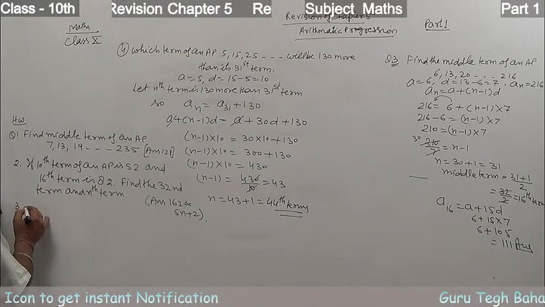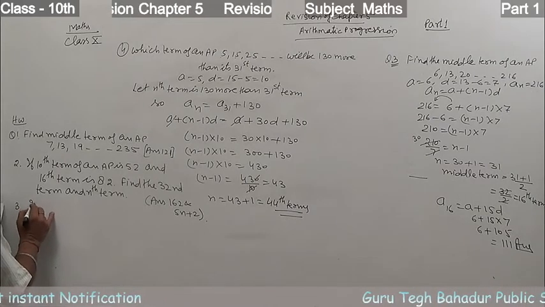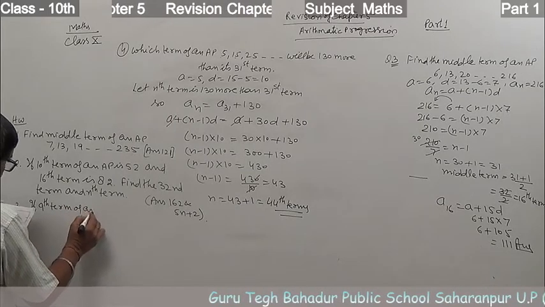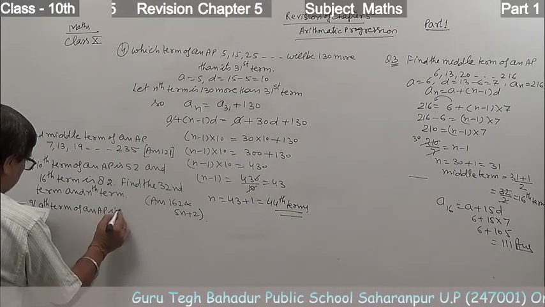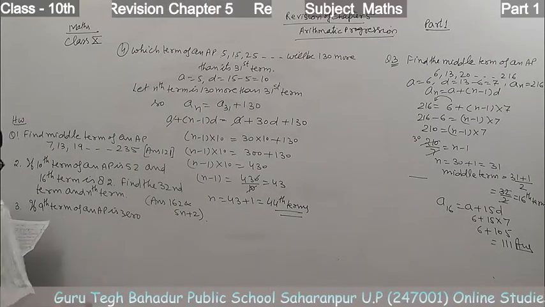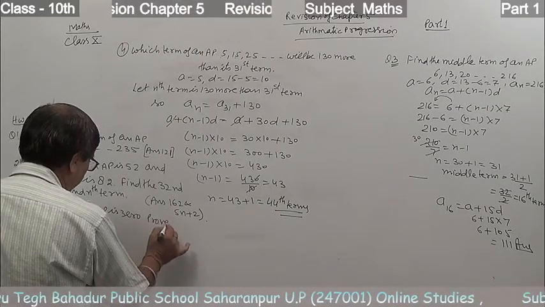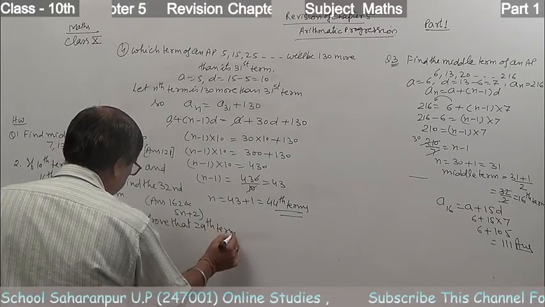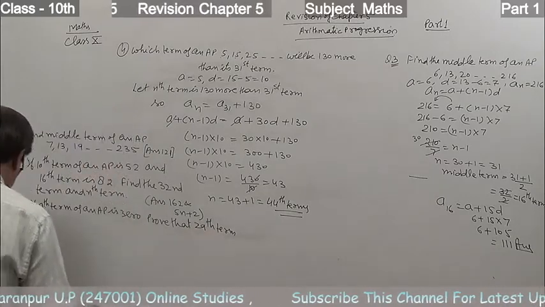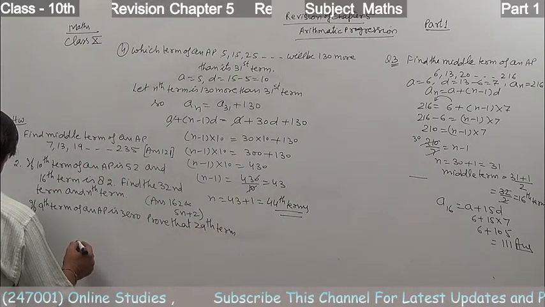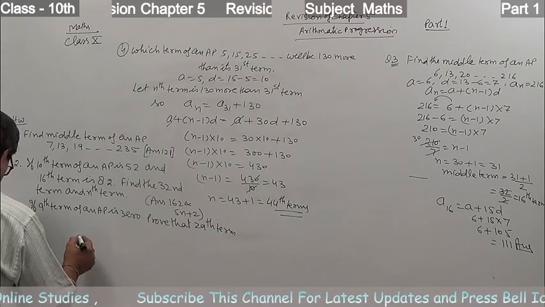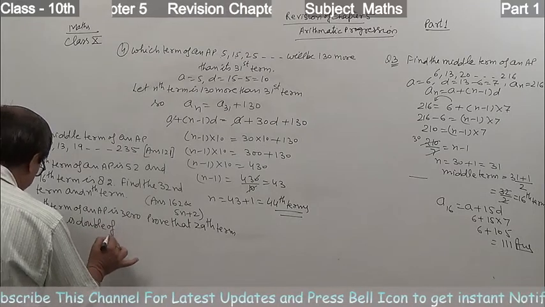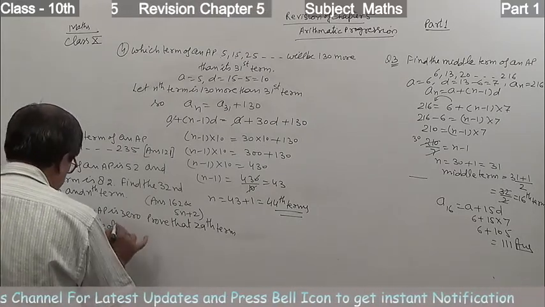Third question: if the ninth term of an AP is 0, prove that the 29th term is double the 19th term.